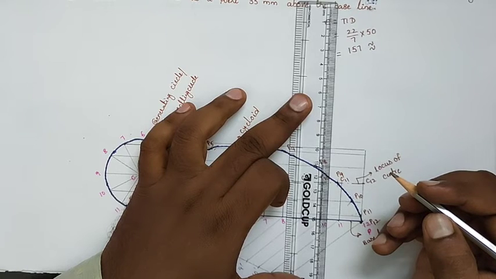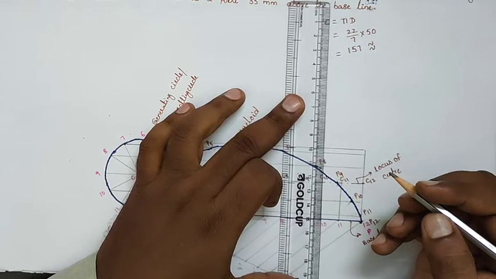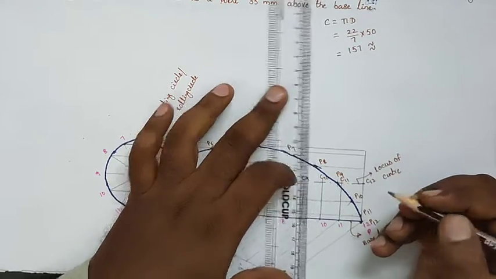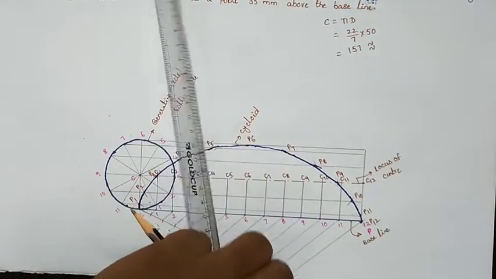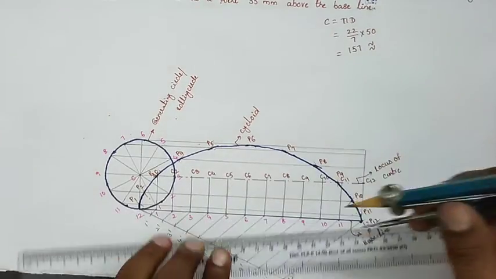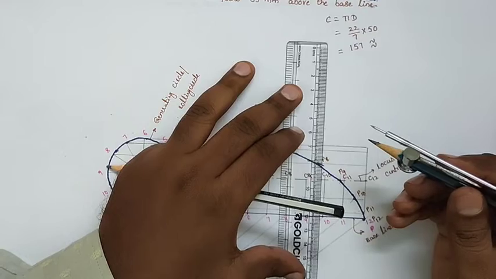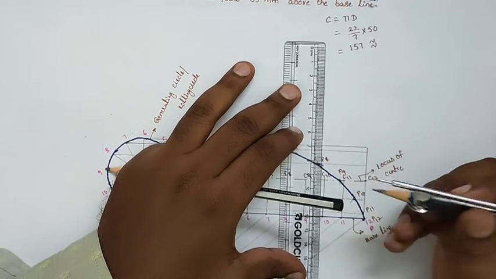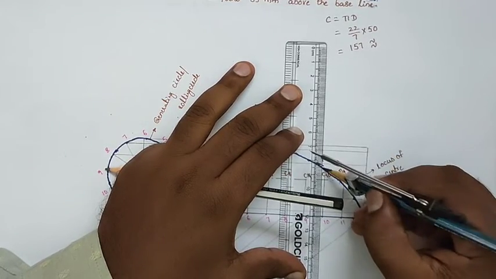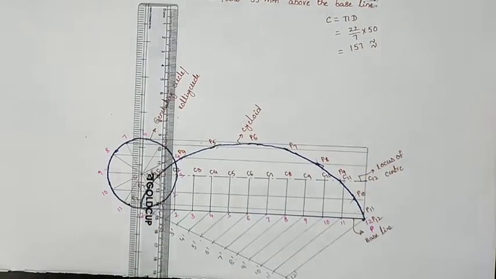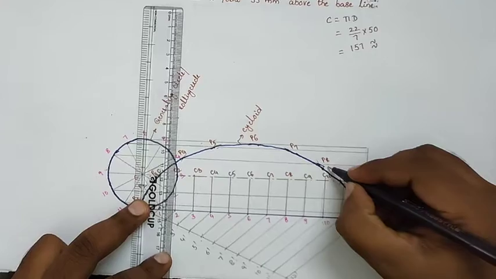So you can move like that and locate a point at 35 mm. At that point, I am taking this point as point P.